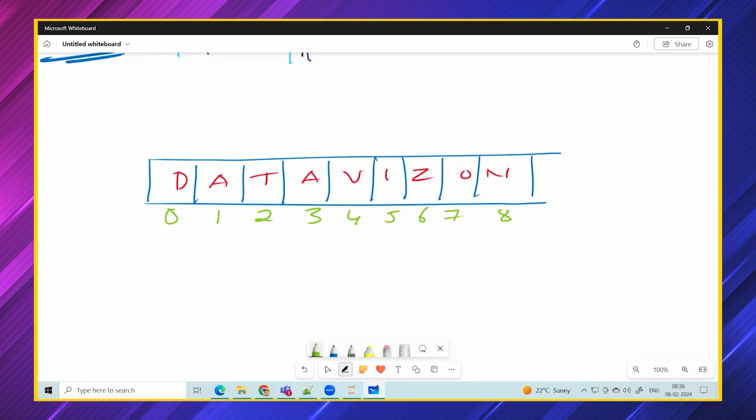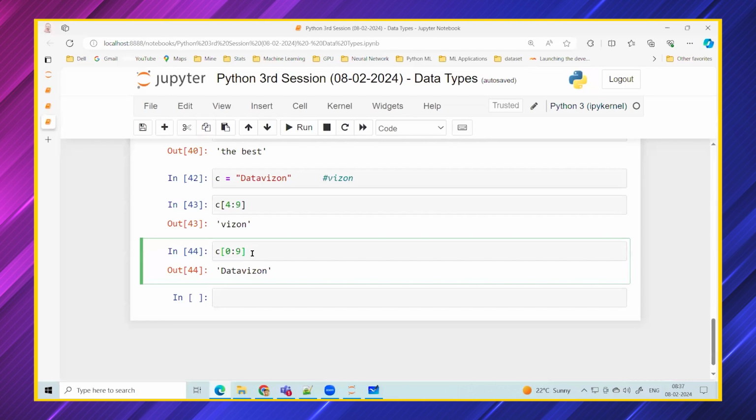Now, if I want to access the complete word, we start from 0 and end at 8. But 8 means this value will be discarded, so I always have to write plus 1. So it's going to be 0 to 9.